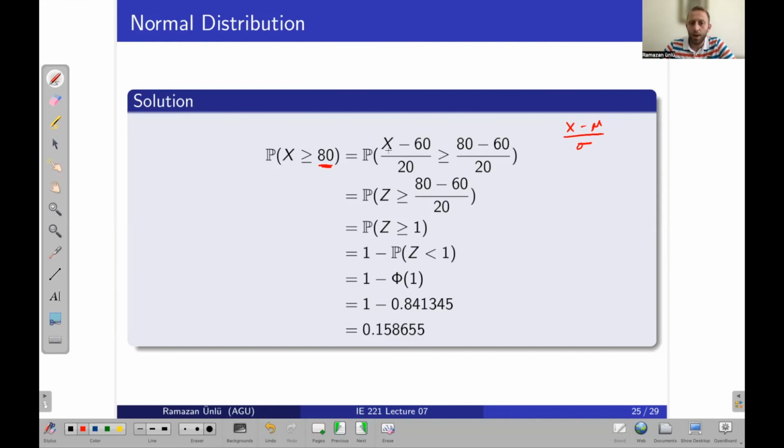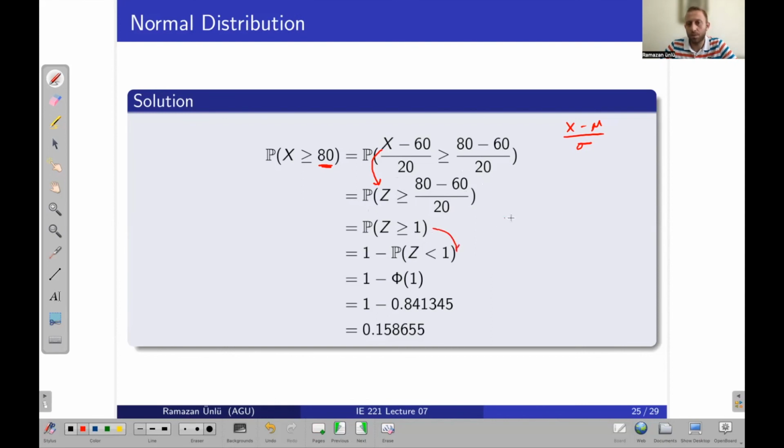X becomes Z, and these values are the corresponding values in the standard form, and this is equal to 1. So what I ended up asking is the probability that Z will be greater than or equal to 1.